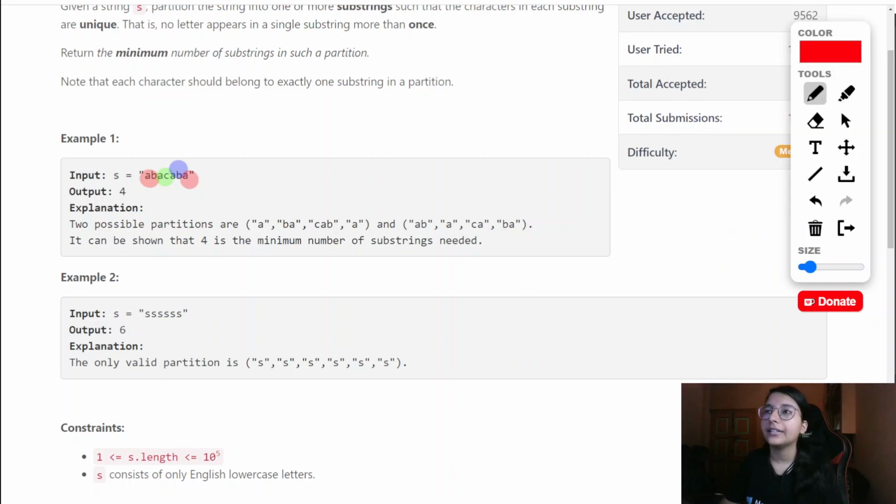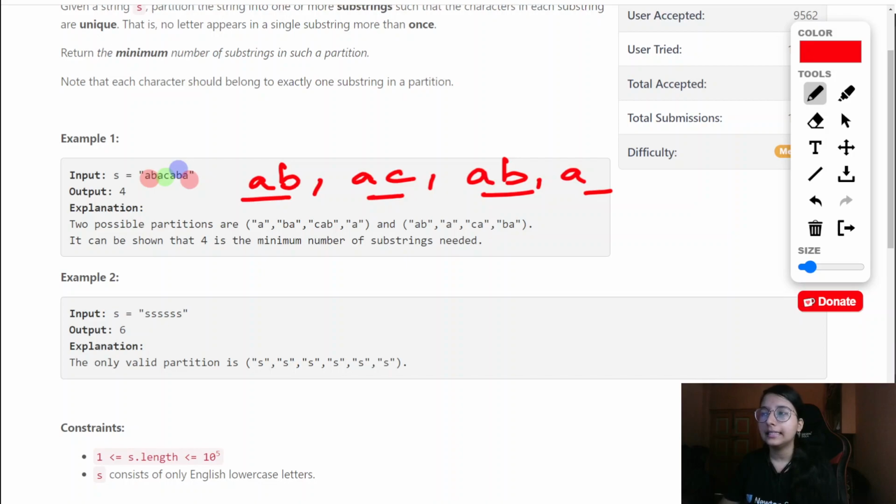So here we form AB, AC, and then AB again was repeated, and then A. But in all these substrings you can see that all characters are unique. Any other possibility has already been given to us; for example, rather than taking AC we can also take A, then CA would be there.